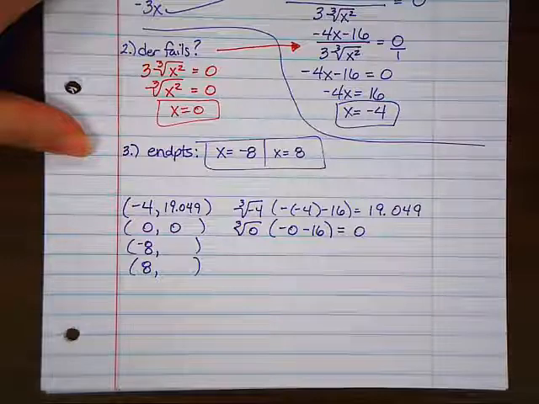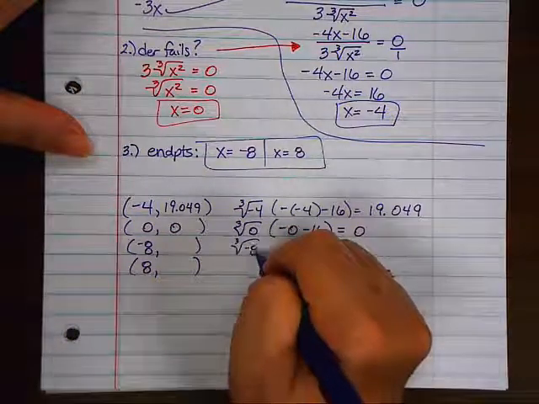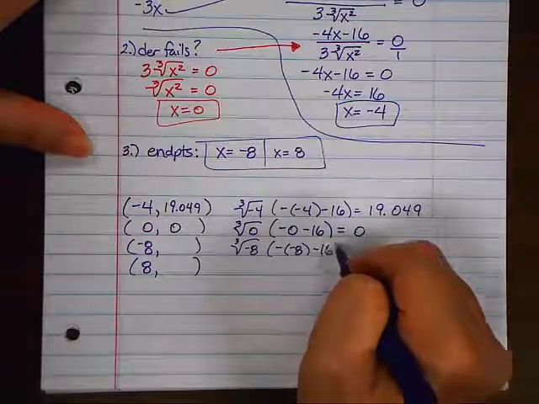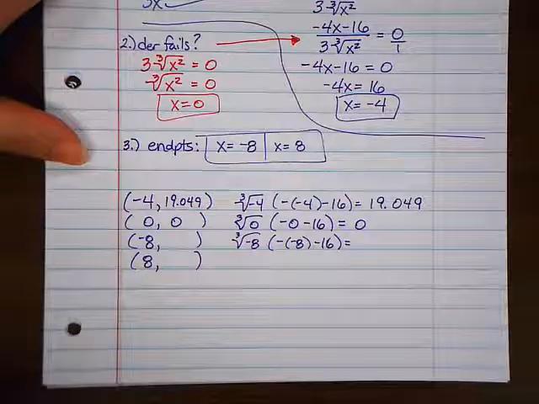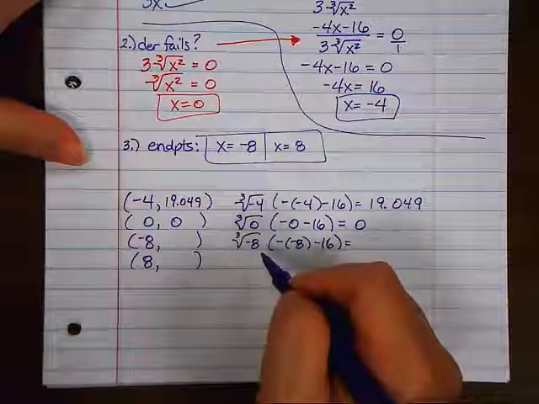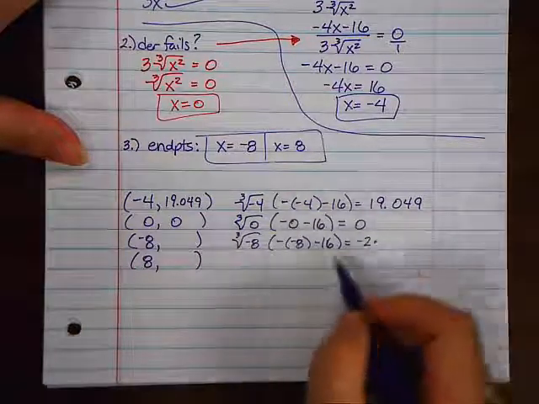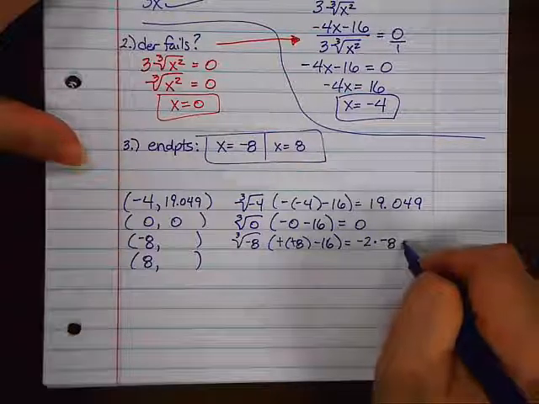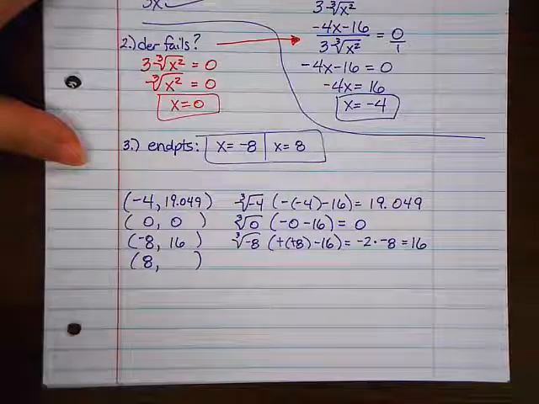Are you with me? Okay, let's write out the next one. Cube root of negative 8 times negative 8 minus 16. What is the cube root of negative 8? Negative 2 times negative 8 minus 16, which is negative 24. That's positive 48. Wait, as stated: negative 2 times negative 8 minus 16 is positive 16.